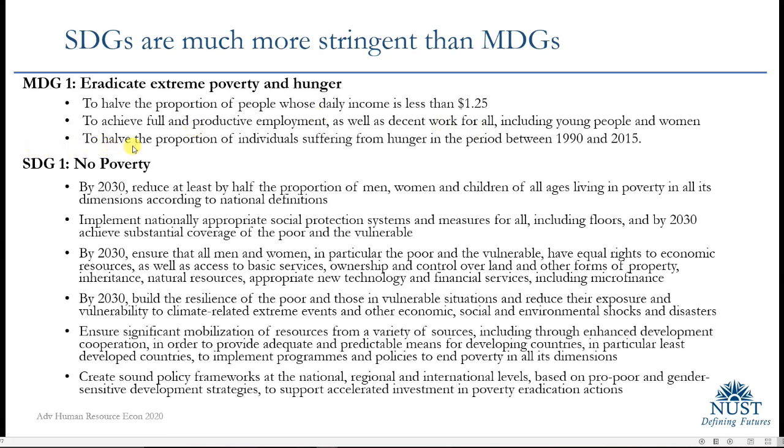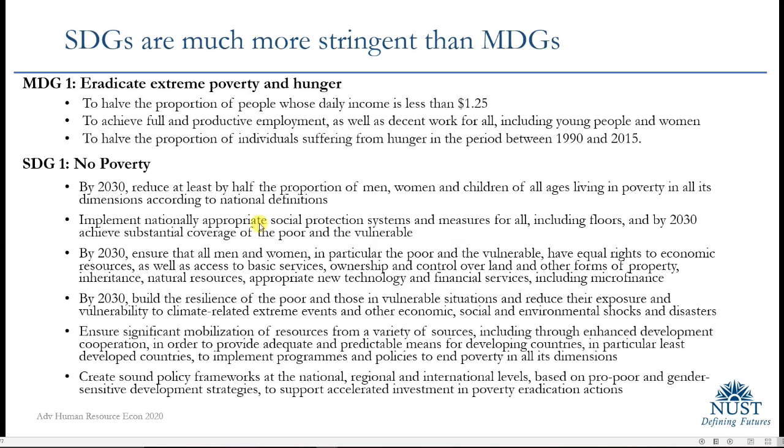And also the third one, to halve the proportion of individuals suffering from hunger in the period between 1990 to 2005. These were the three indicators, very simply put, to cover the eradication of extreme poverty and hunger.